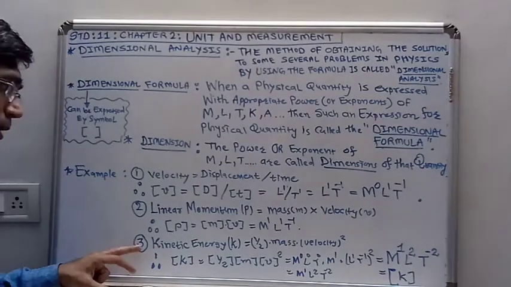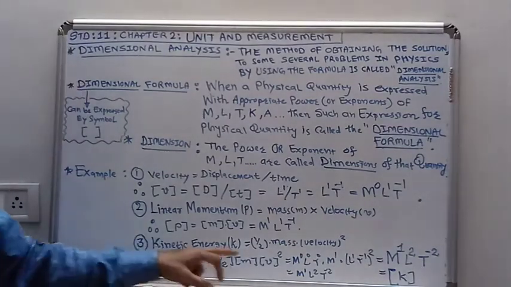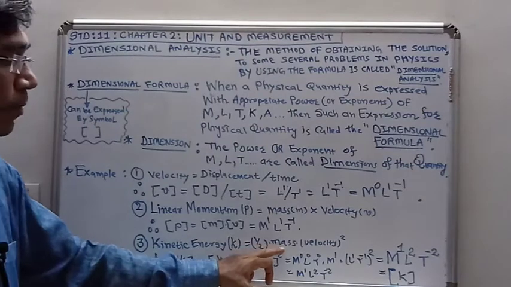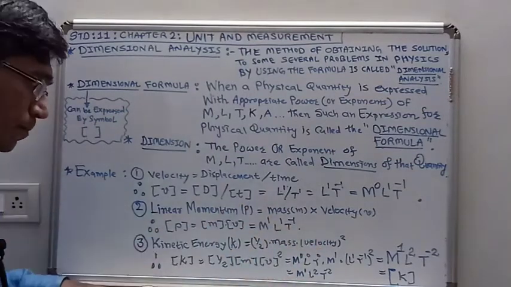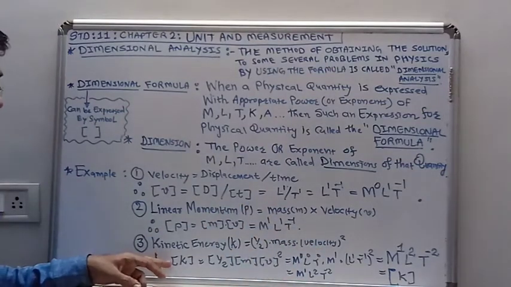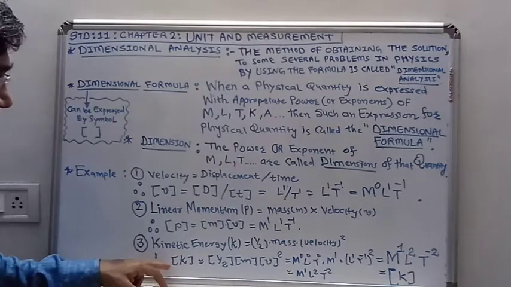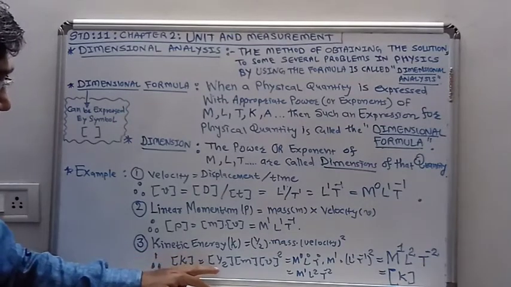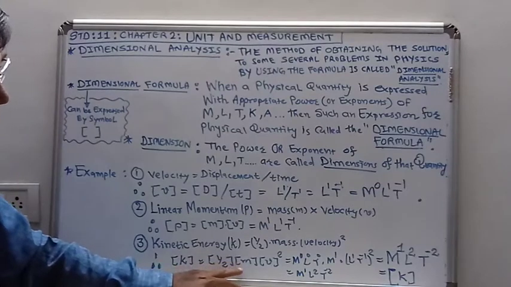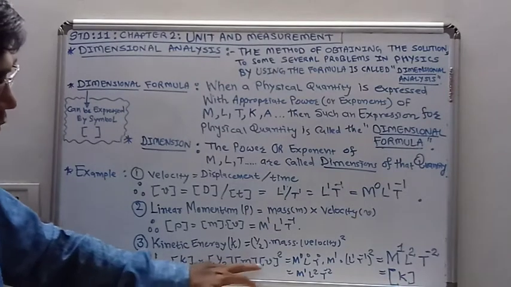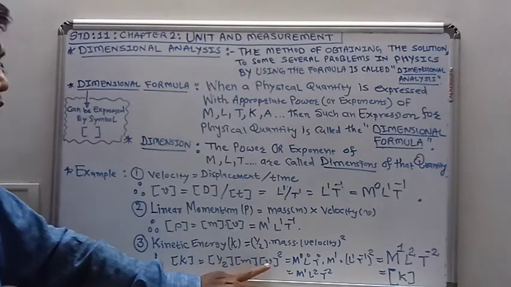Third, kinetic energy. It is given by 1 by 2 m v squared. So the kinetic energy dimensional formula is given by [K] = dimensional formula of 1 by 2, dimensional formula of mass into dimensional formula of v raised to 2.